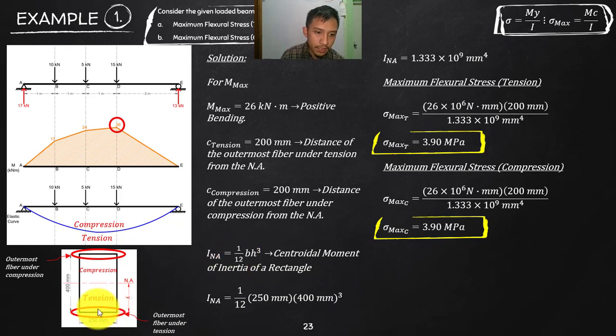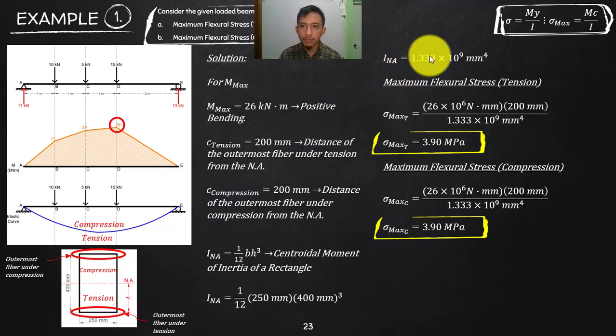If you want the moment of inertia with respect to another axis, that will be different. This formula, derived from your statics, is with respect to the neutral axis, so the moments of area are taken about the neutral axis. So 1 over 12 b h cubed, where b is the width and h is the height.